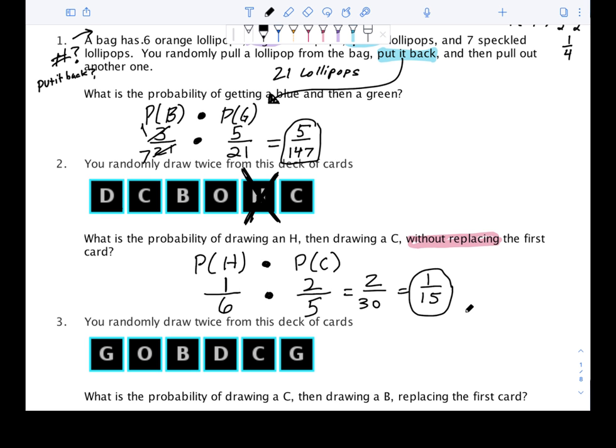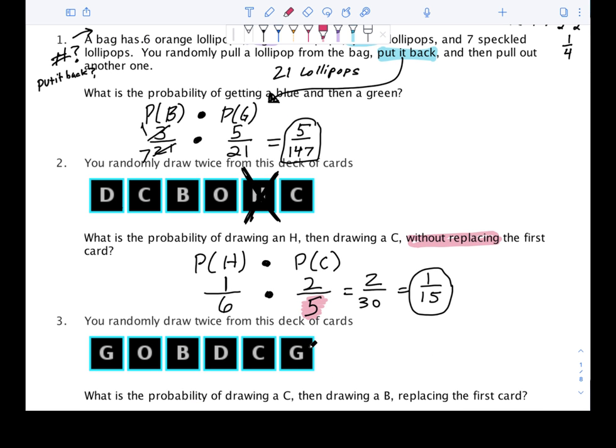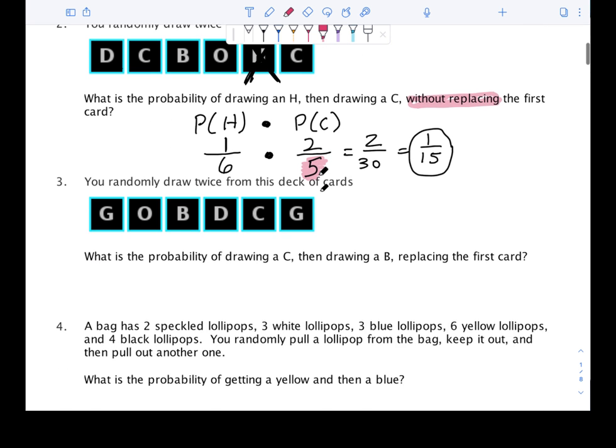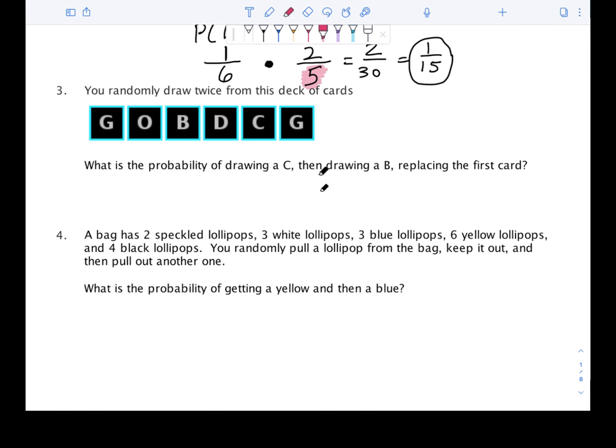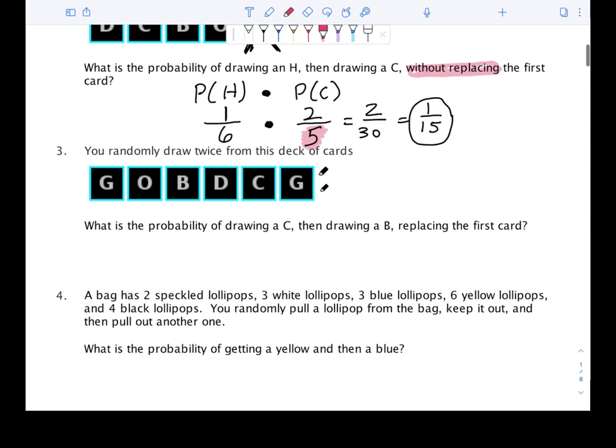Okay, and so the biggest difference here on these without replacing ones is right here. The first draw we had 6. Because we didn't replace it, the second draw we only have 5. All right, let's take a look at this next one. It looks very similar, but it could change even just based on whether or not we're replacing it.